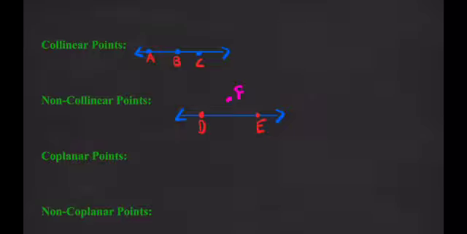Coplanar points. Remember, the plane, we draw it like a piece of paper. It's a flat surface. And coplanar means that all the points are within the same plane. Remember, typically we name a plane with 3 points. If we put 4 points, that's when we start asking, are these coplanar?